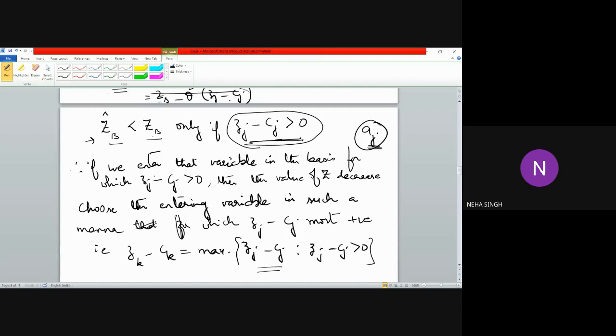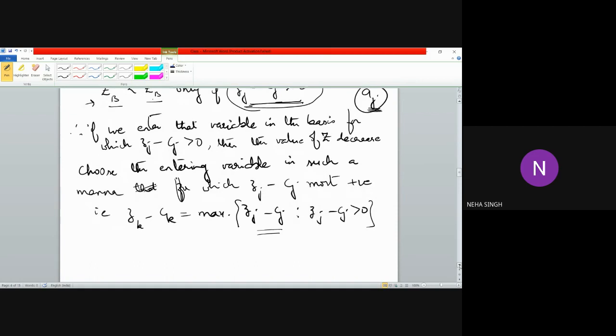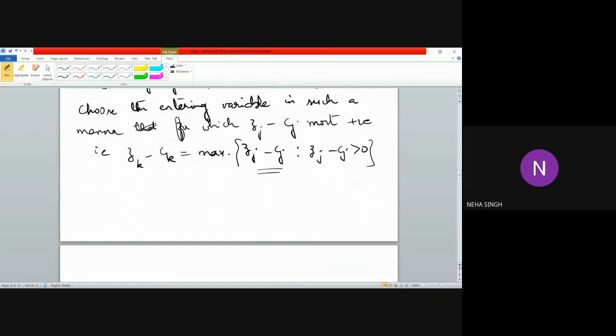It will give the maximum improvement in the value of Z. So if we choose our entering variable like this, then the value of Z is going to improve as much as possible. That's why we say it will give maximum improvement in the value of Z. Okay, so definitely it will improve, right?